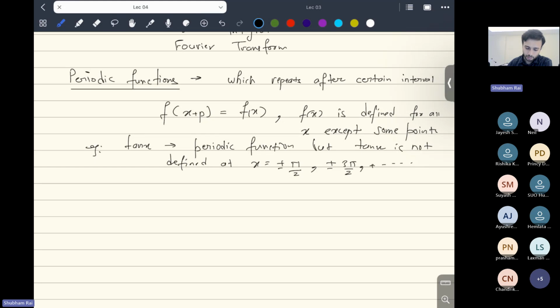But it is still periodic. So here p is the period of the function after which it will repeat, right?